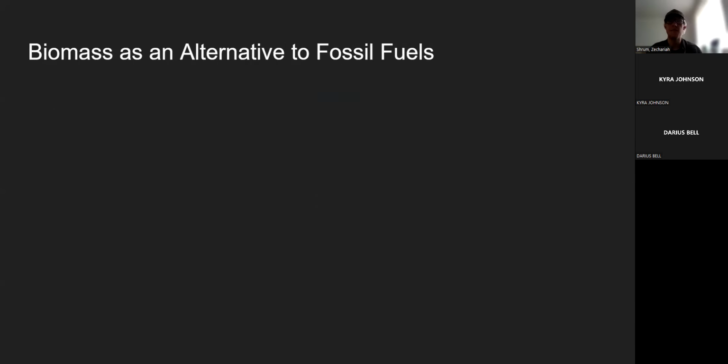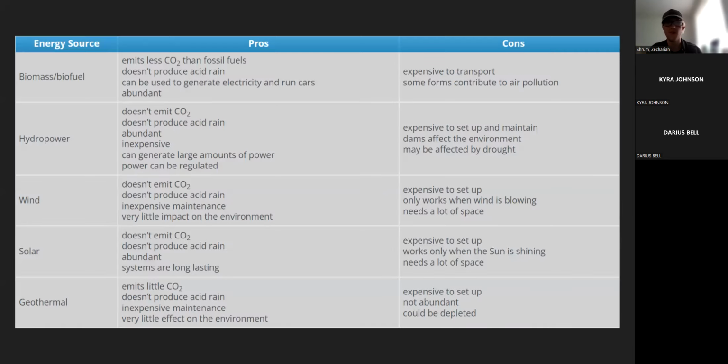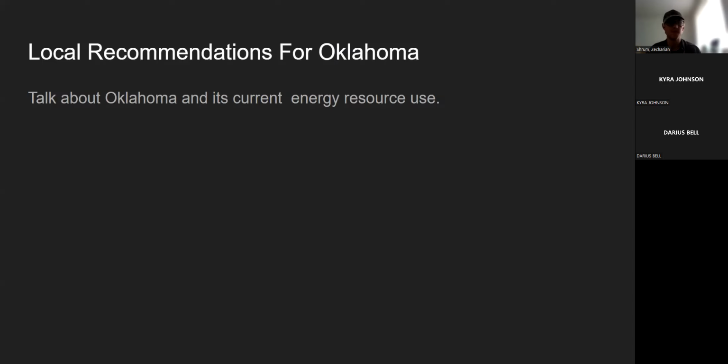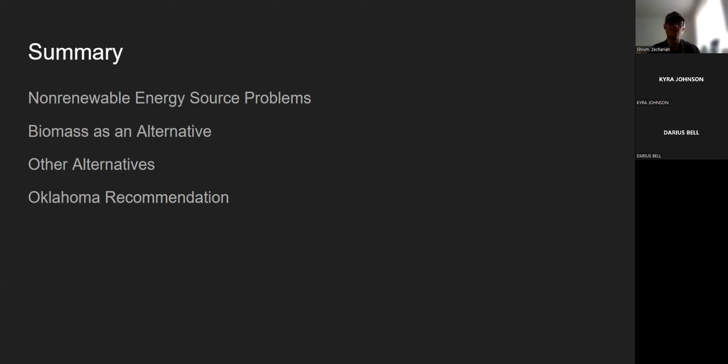And then you get into biomass as an alternative to fossil fuels, add some pictures, of course, compare biomass to fossil fuels, and then compare it to other renewable, have some type of chart showing what's good about some of these sources, what's not so good. And then finally make a recommendation for Oklahoma, and then summarize the whole thing in your last slide.